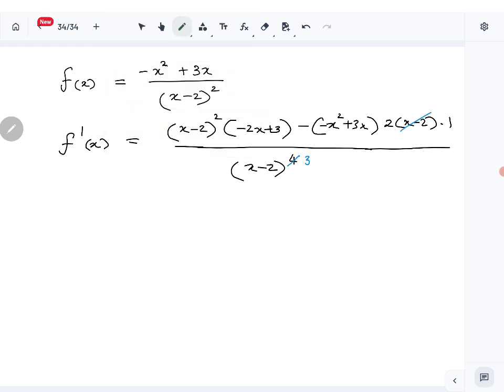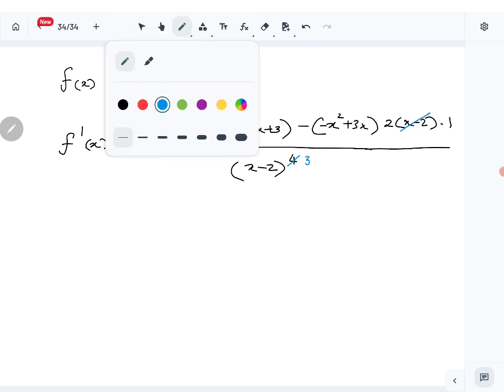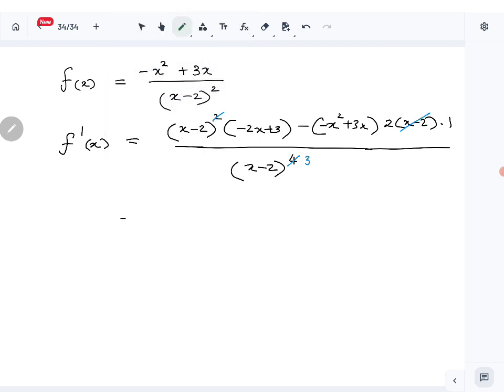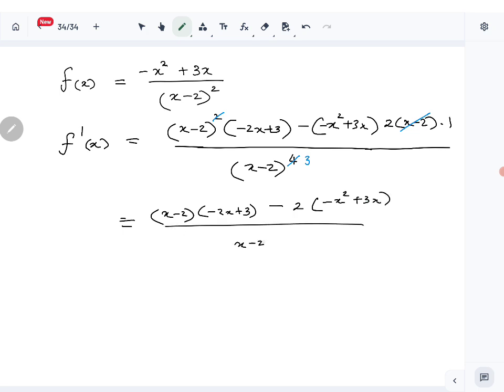One (x minus 2) term. Each one has (x minus 2). Then simplify the numerator. You have (x minus 2) into (minus 2x plus 3), minus 2 into (minus x squared plus 3x). Denominator is (x minus 2) cubed.